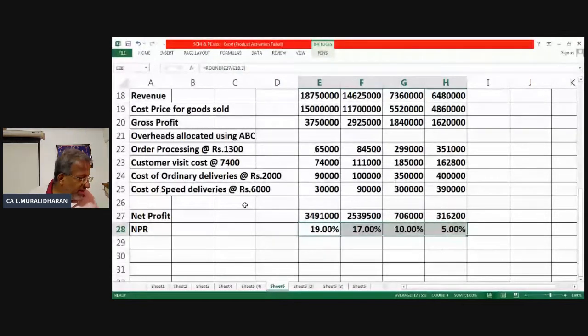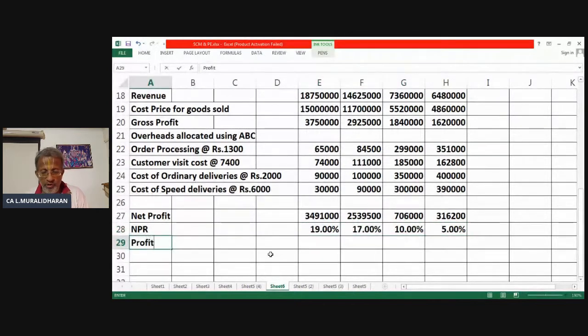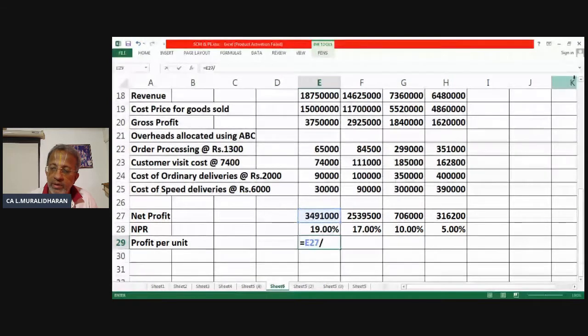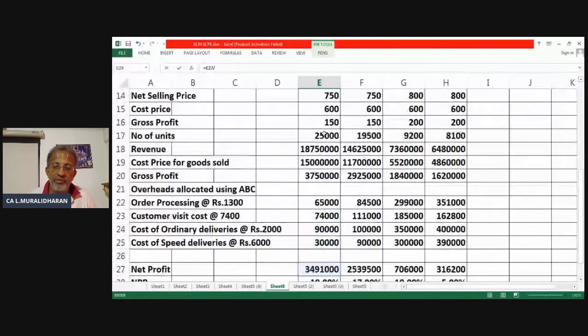So evaluate the customer profitability by calculating profit per hog of each customer. So profit per unit. This is to be divided by the number of units that we have worked.